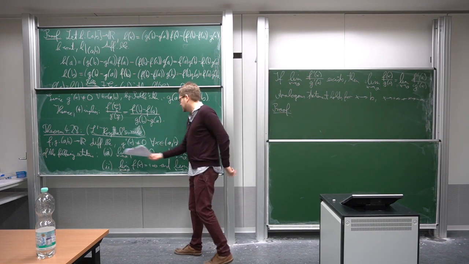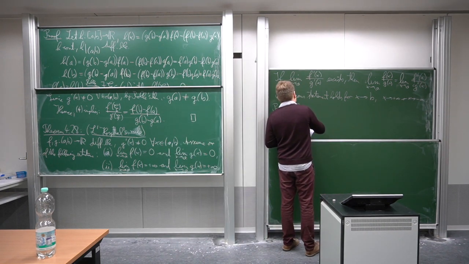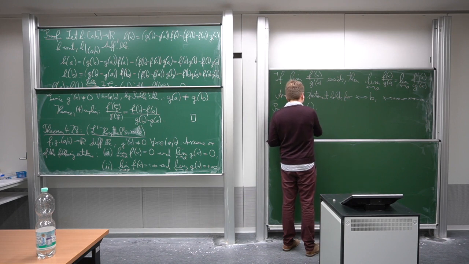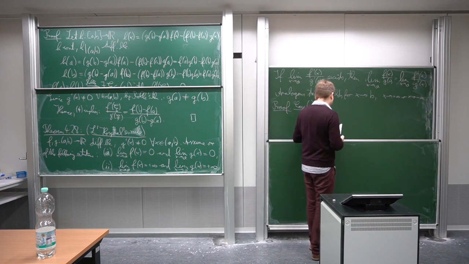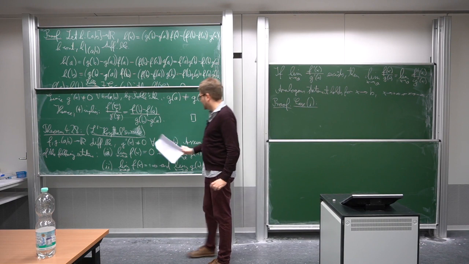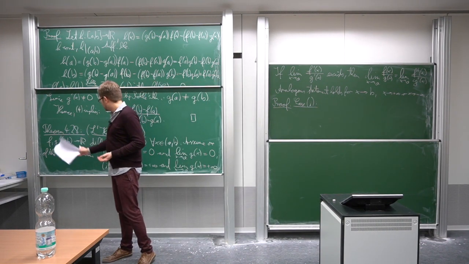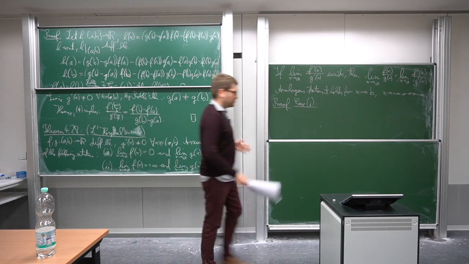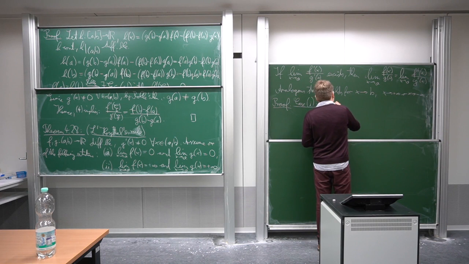So I will only consider the case of dividing 0 by 0. Case 1. Now, since the limit of them is 0 at a, and we know that they have a continuous extension to this interval with a included, so to the half-open interval, just for simplicity we assume that f and g are already defined at a.